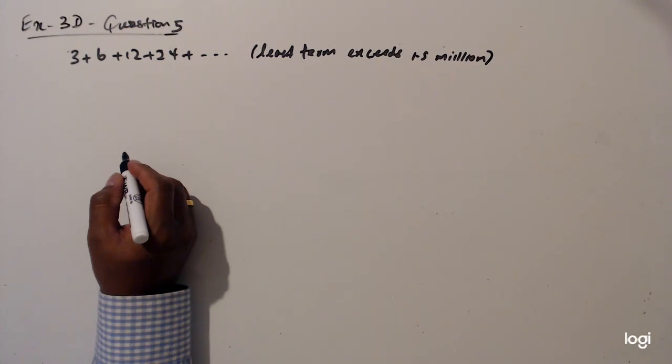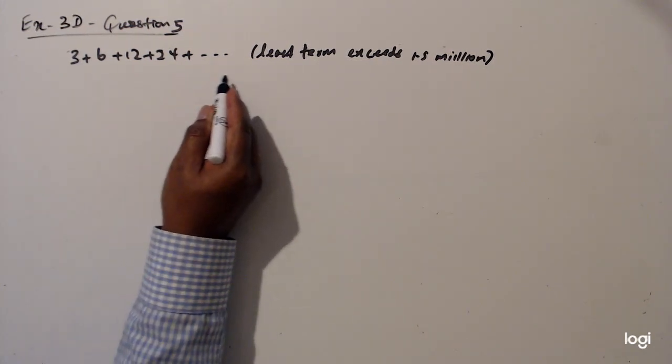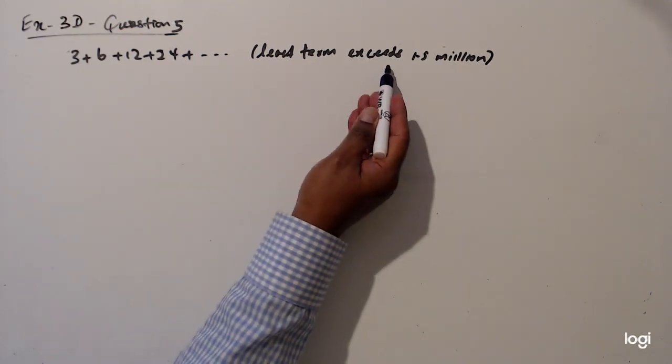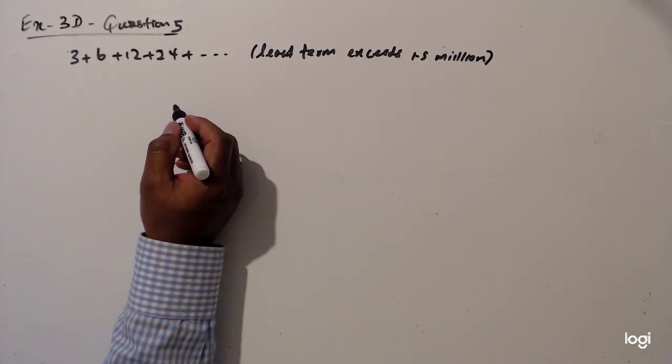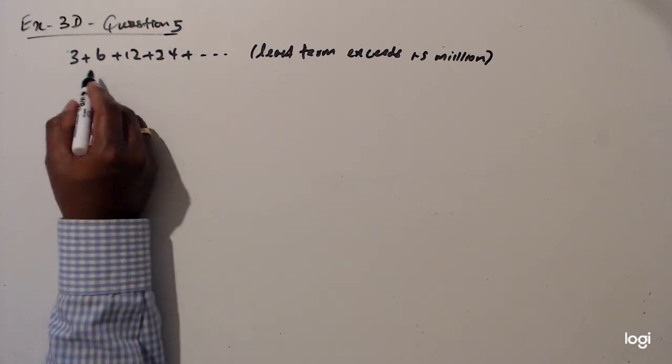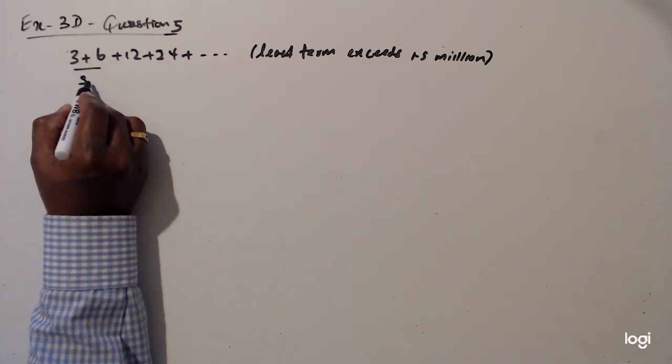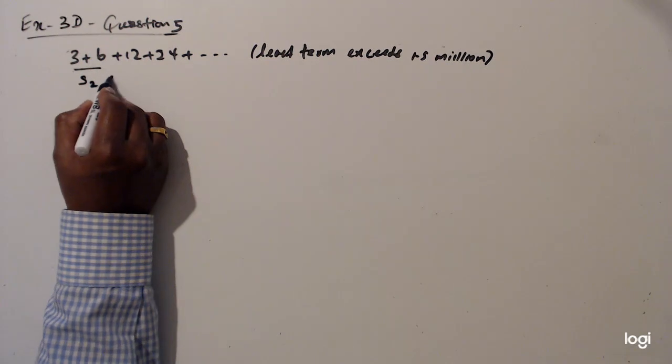Question number 5. 3, 6, 12, 24. And we need to find the least term that exceeds 1.5 million. So 3 plus 6 is 9. It does not exceed. Two terms do not exceed 1.5 million.